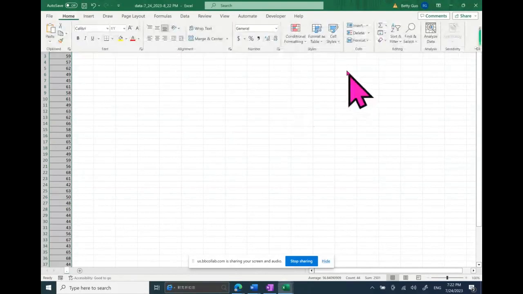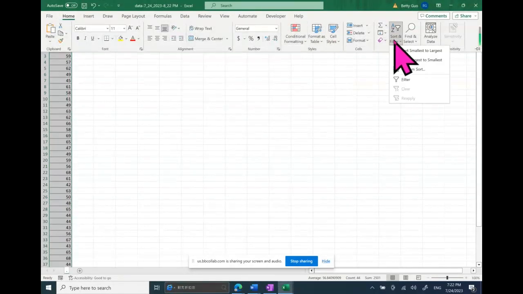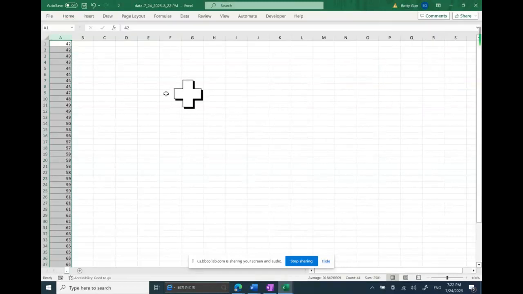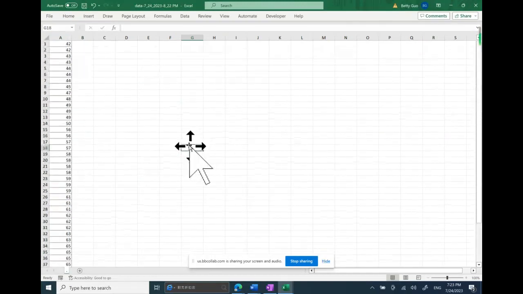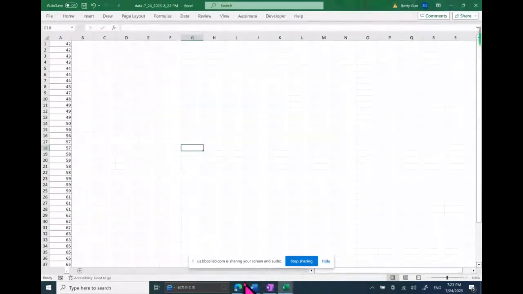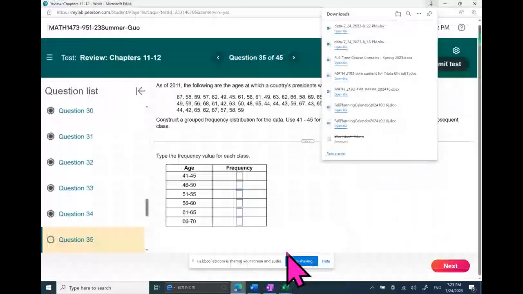We go to Home and then sort from smallest to largest. And you see it's sorted already, right? Then let's look at the question.